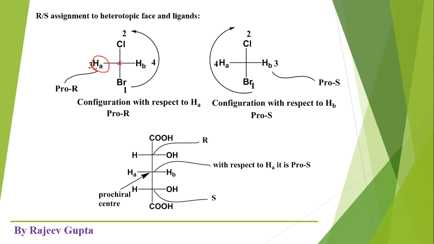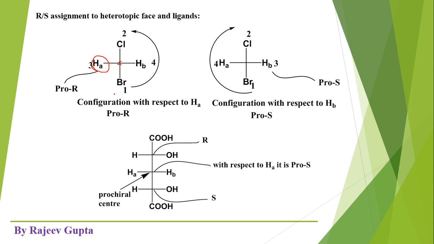So with respect to Ha, this is pro-R. How? We have to use the chirality rule. We make an arc from 1 to 2 and 2 to 3. The arc direction is anti-clockwise.